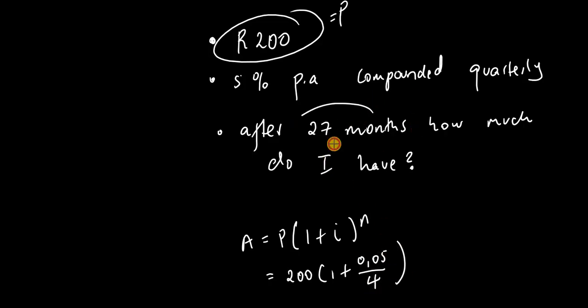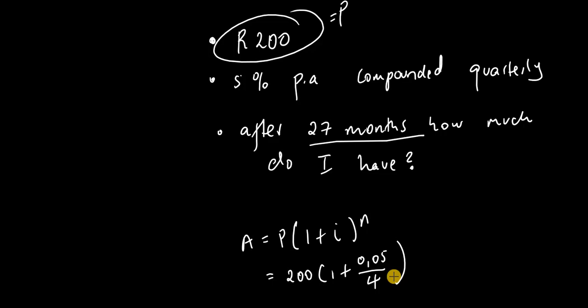Now they want to know after 27 months how much do I have. Guys, 27 months, and here it's quarterly. You have to ask yourself, how many quarters do I have in 27 months?